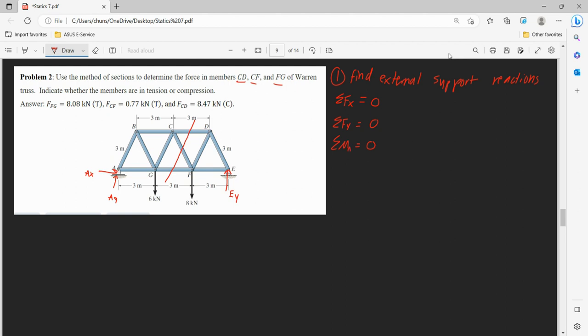So let's do moment about A. Let's start with moment about A first, because only considering our outside forces, at point A, we have the most things going through it, so it'd be easiest to take our moment about. So we use 6 kilonewtons, which is downward, and our horizontal distance, which is 3 meters. And you'd have to go clockwise to get there, so this is negative.